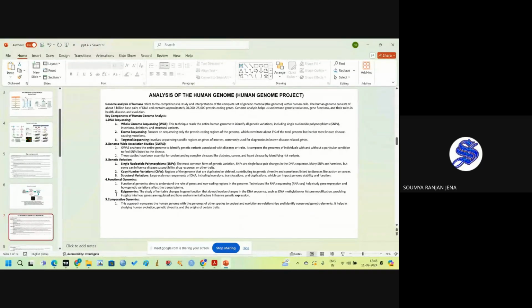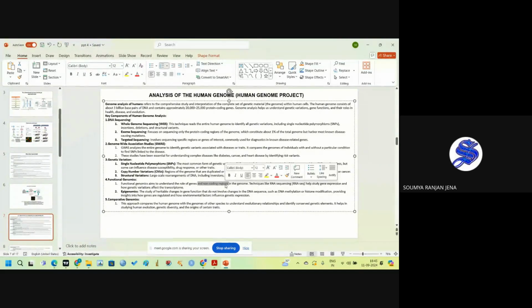And the fourth one is functional genomics. Functional genomics aims to understand the role of genes and non-coding regions of the genome. We do not always target the non-coding regions, because sometimes non-coding regions are also essential for different transcription factor binding.